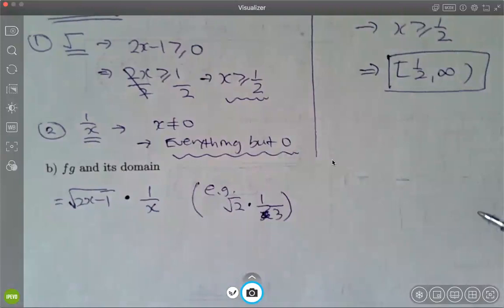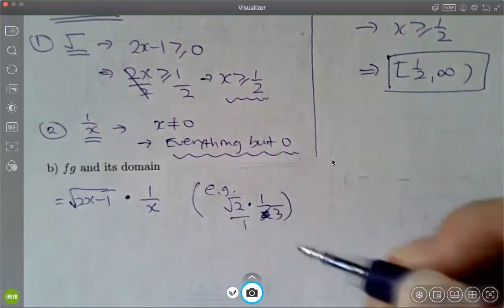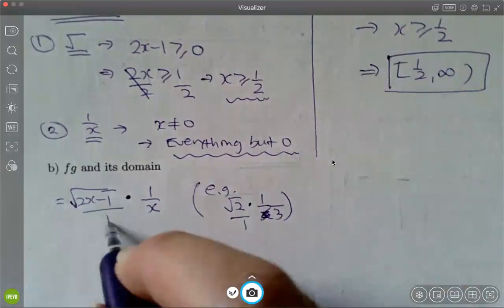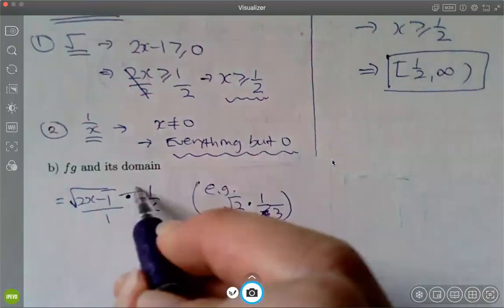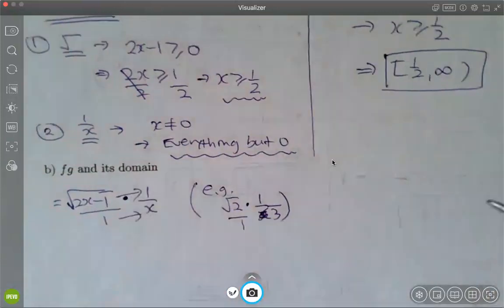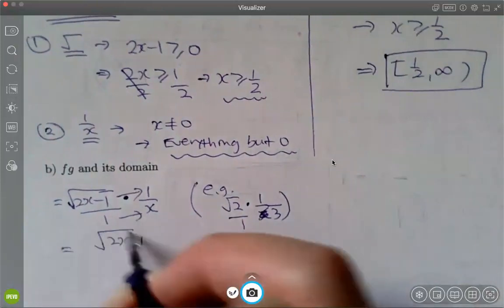What do you do? Do you put a 1 under the 2x minus 1 squared? And then? Multiply across. Like that, right? Yeah, okay. So, it's square root of 2x minus 1 all over x.